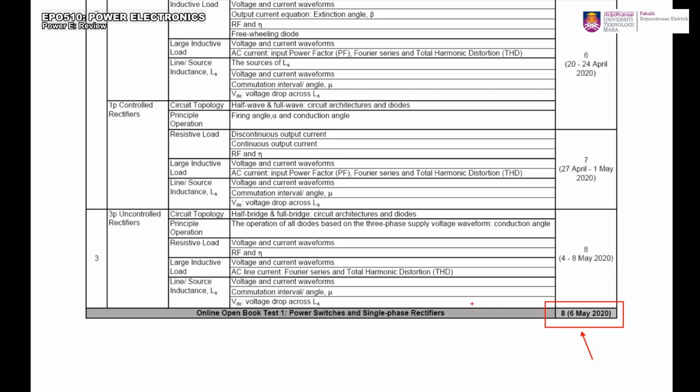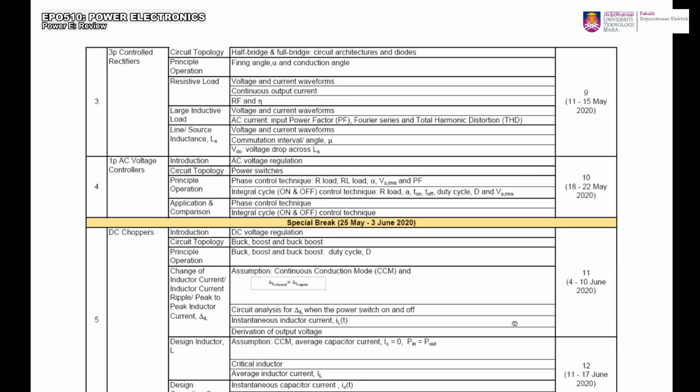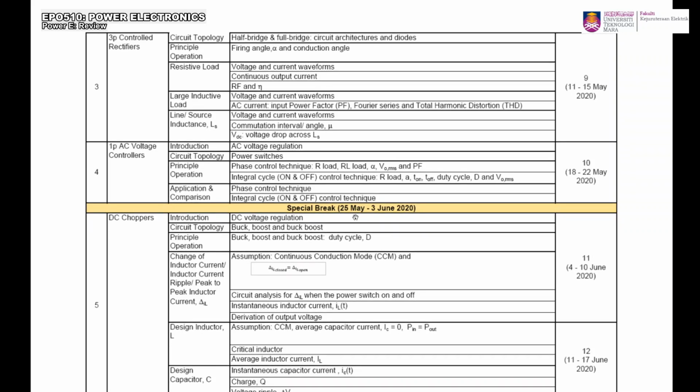And then next, 3-phase, we're going to continue in week 9, and after that complete the rectifiers. We move on to the AC voltage controllers, and then we're going to have a special break for Raya for 1 week, and then we come back.